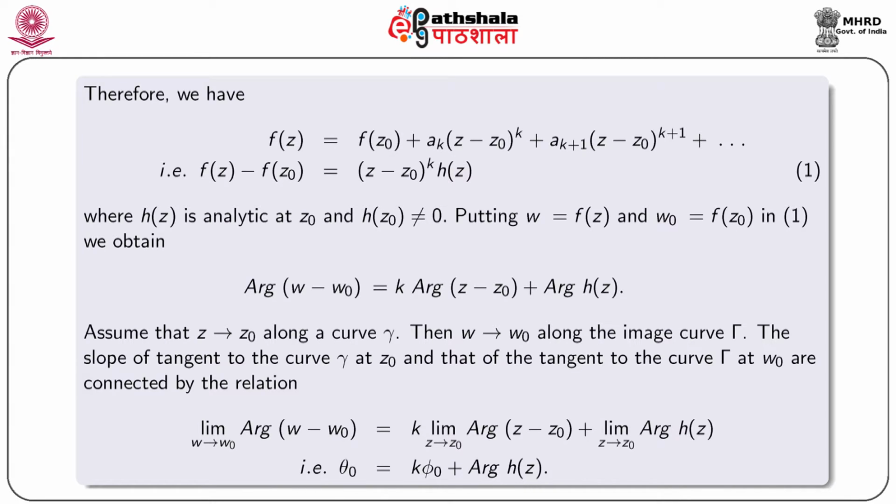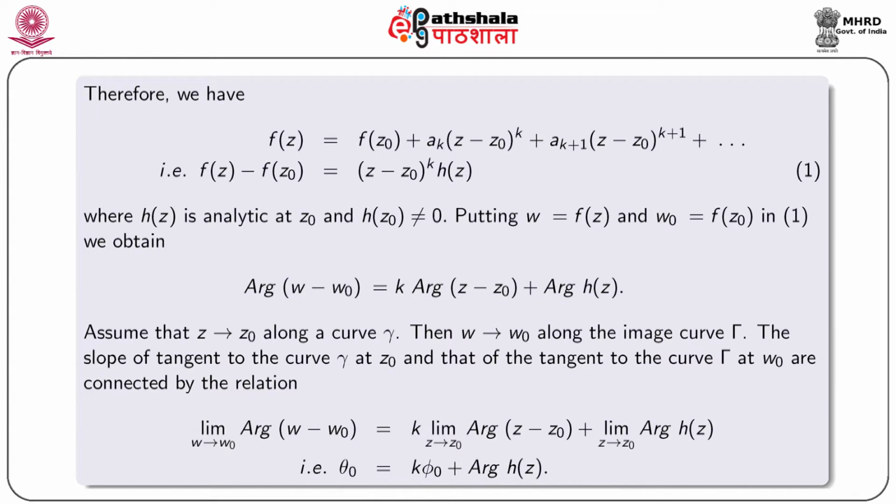Now, putting w = f(z) and w0 = f(z0) in the above equation, we obtain arg(w - w0) = k arg(z - z0) + arg h(z).